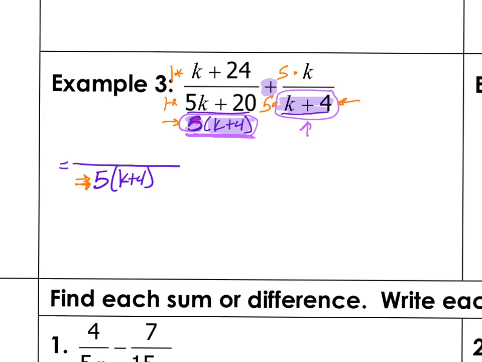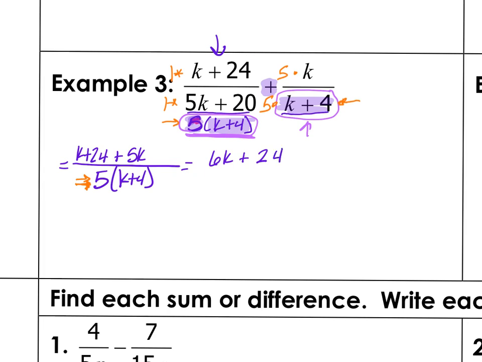So in this one, I'm just going to have 1 times k plus 24 plus 5 times k. So k plus 5k is 6k plus 24. Where'd that 25 come from? Woo! Let's rewrite that here. That should be 24.